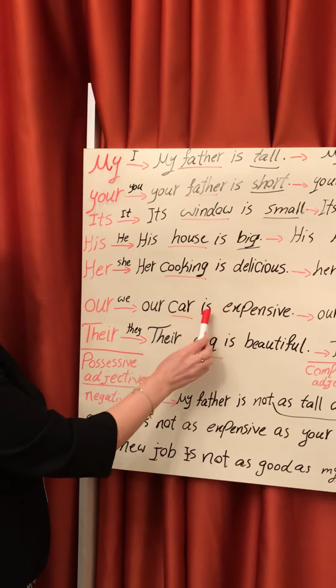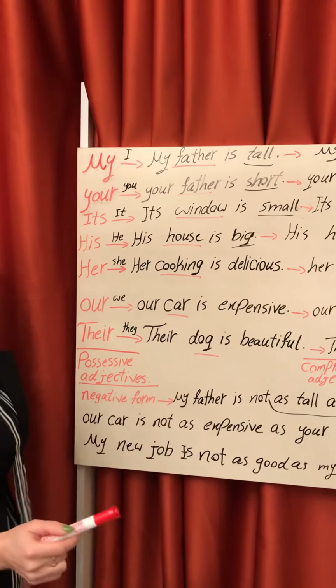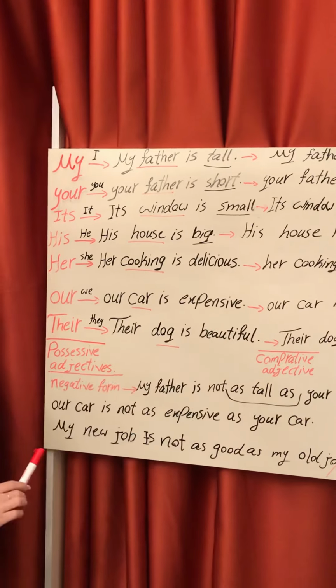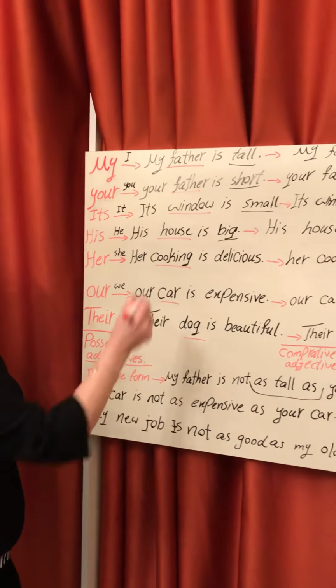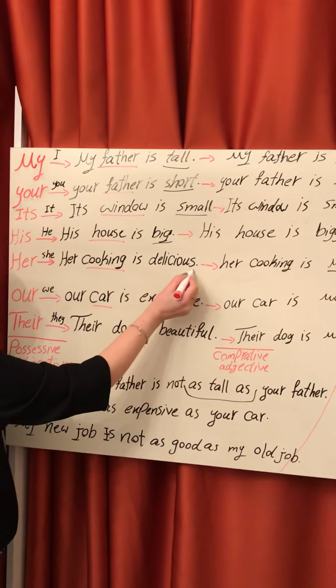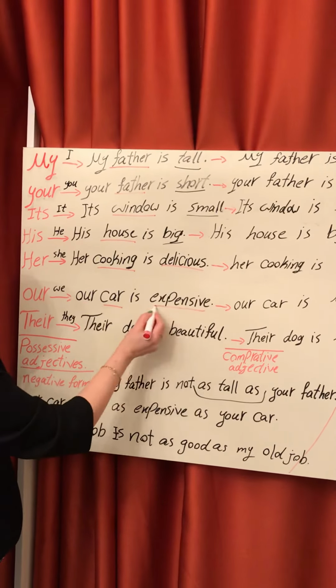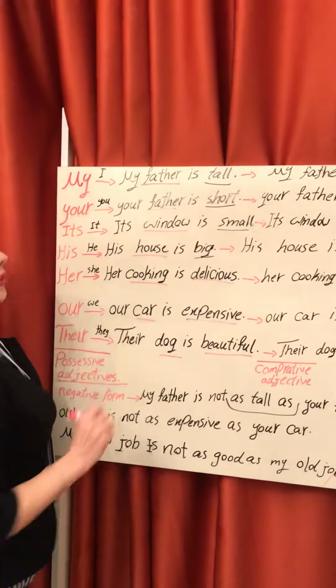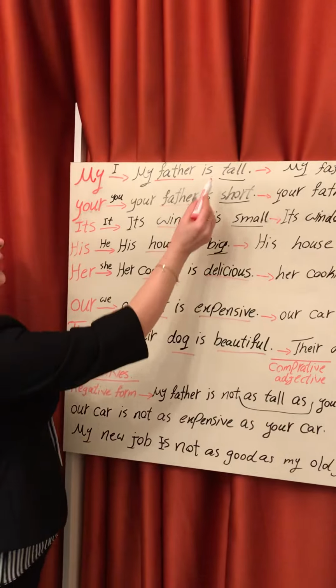Our car is expensive. Their dog is beautiful. So, tall, short, small, big, delicious, expensive, and beautiful. These are adjectives.